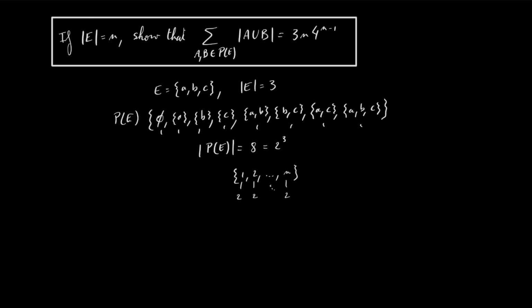So the number of choices will be equal to 2 to the power of n. So there are exactly 2 to the power of n possible subsets of a set E. So we can write, as a reminder, that the cardinality of the power set of E is equal to 2 to the power of n.